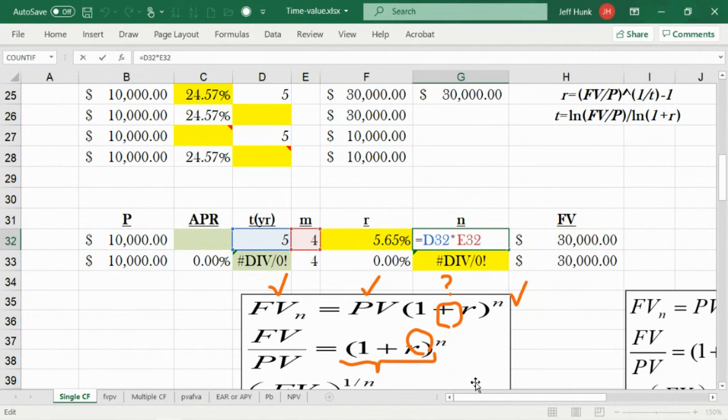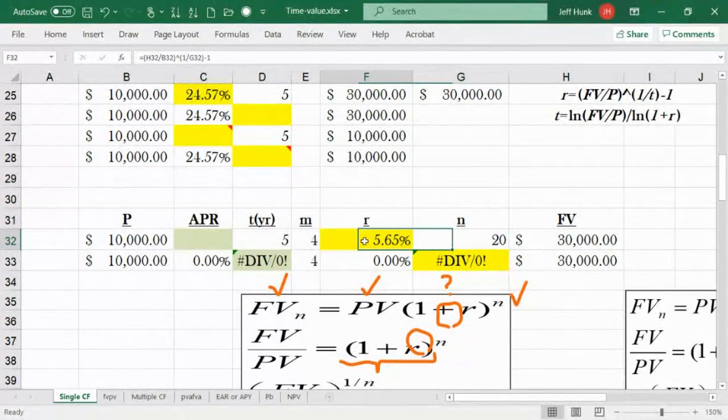Since compounding is quarterly, over 5 years there will be 20 compoundings. So now, if the quarterly rate is 5.65, can anyone tell me how to find the APR? How do you convert the quarterly rate into an annual rate? Anyone?